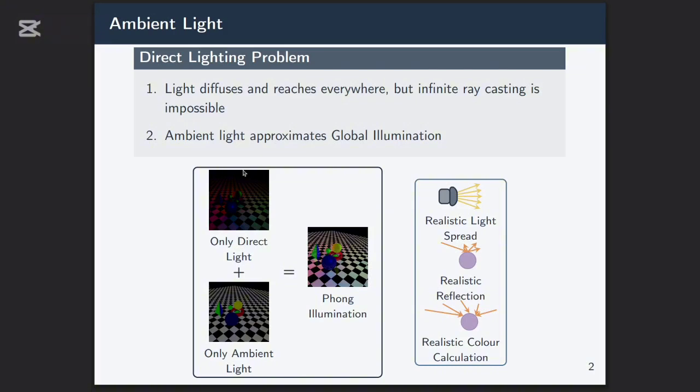Now, how are we going to solve it? We'll somehow have to approximate this infinite amount of light. So what we can do is add this hard-coded value to our image, and this is what we get: a very realistic image. This is what we call ambient light, the approximation of all possible lights around the objects.